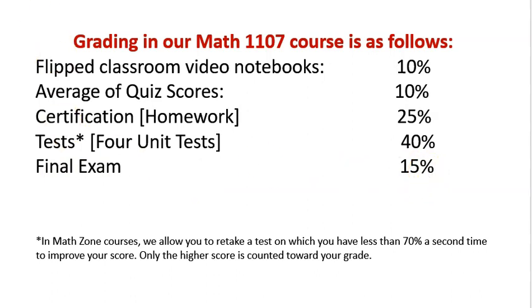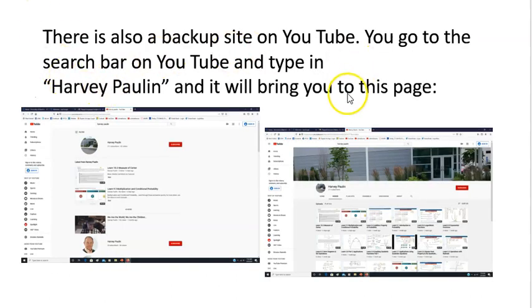Now, where are these lessons found? Well, actually, I've posted them all to YouTube, but also your direct way to find them is in Canvas. And I'm going to go now to our current term in Canvas to show you where they are.